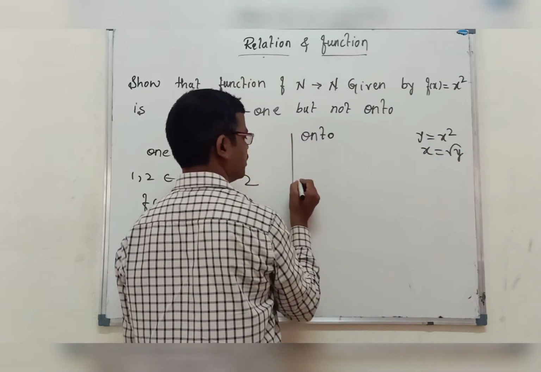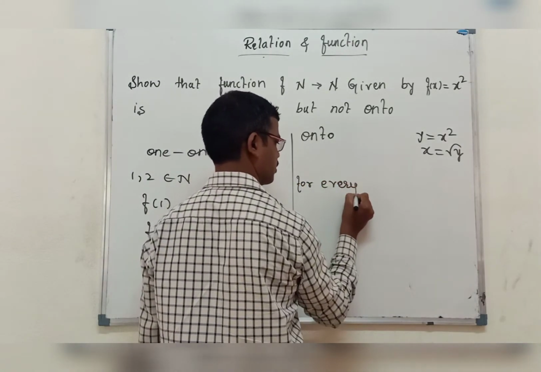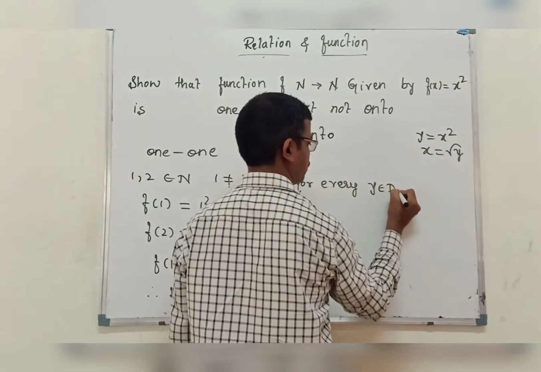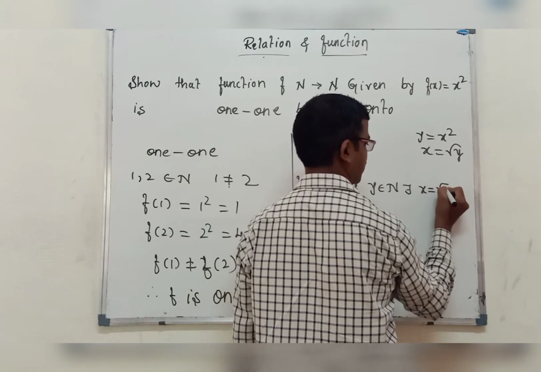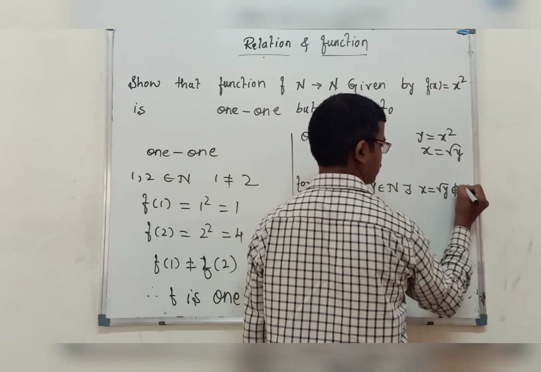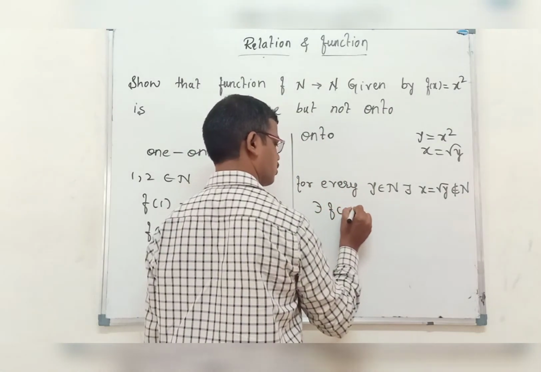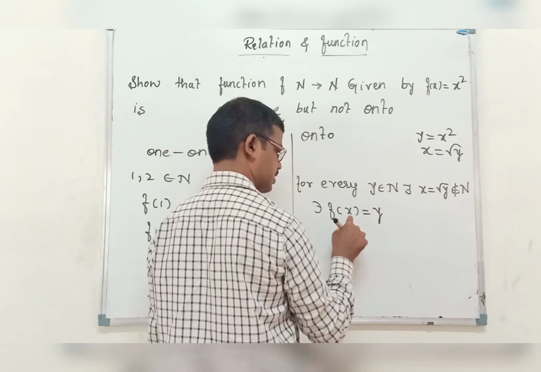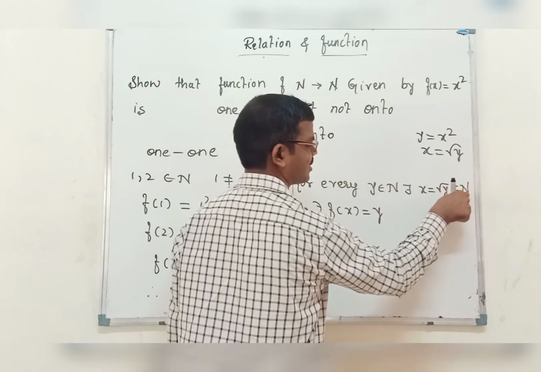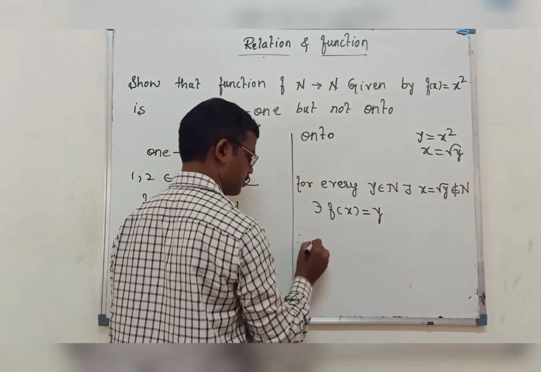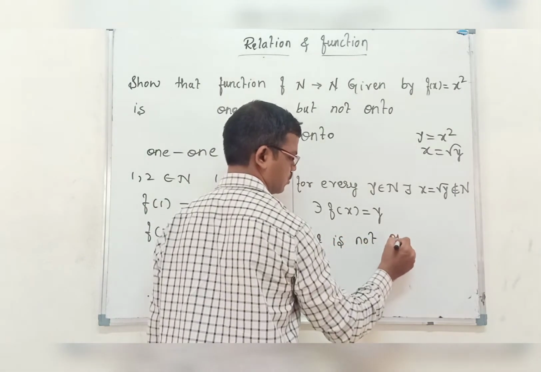So here for every y belonging to the codomain, there exists x equal to root y which does not belong to the natural numbers, such that f of x equal to y. So x is a pre-image of y, but that x is not there in N. If it is not there in N, therefore f is not onto.